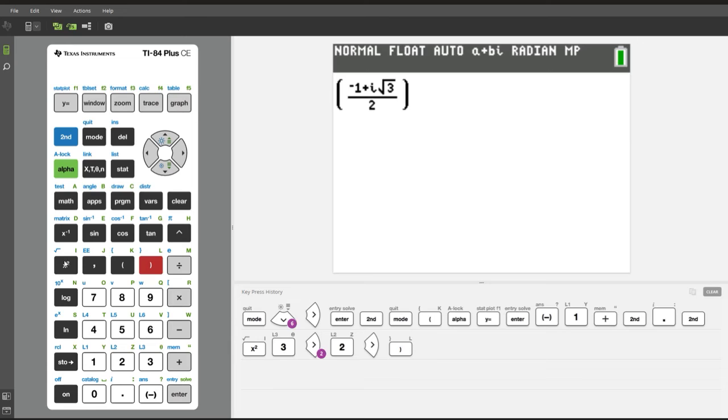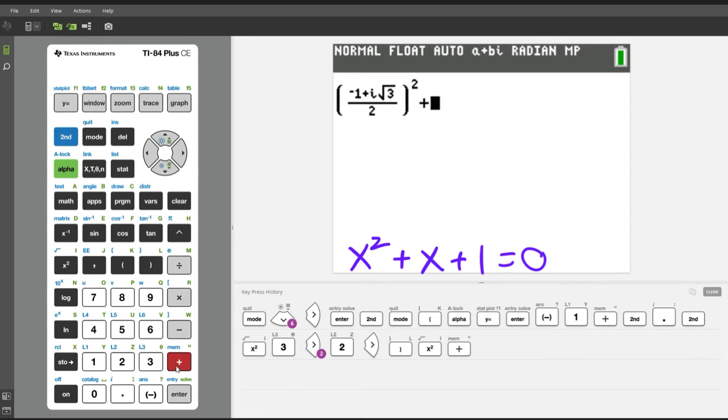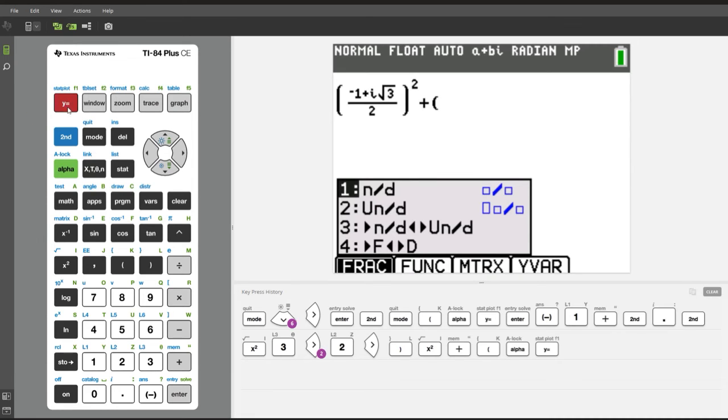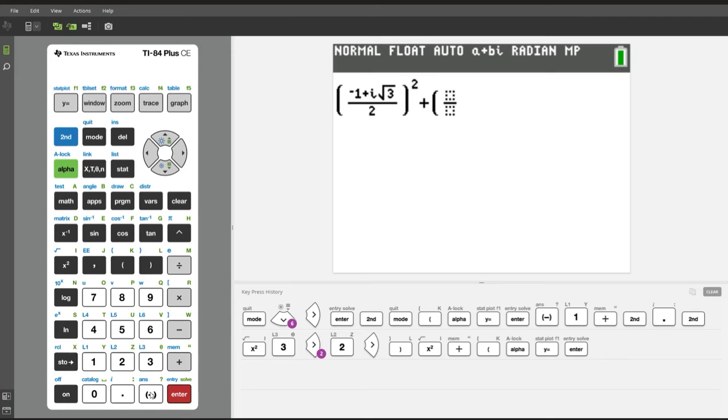So that's what we want to square, because part of the original equation is x squared plus x plus 1. Now we do it again. Plus, open parenthesis, and then the same solution. So alpha y equals for a fraction, enter. And then we enter the same thing. -1 plus i root 3.